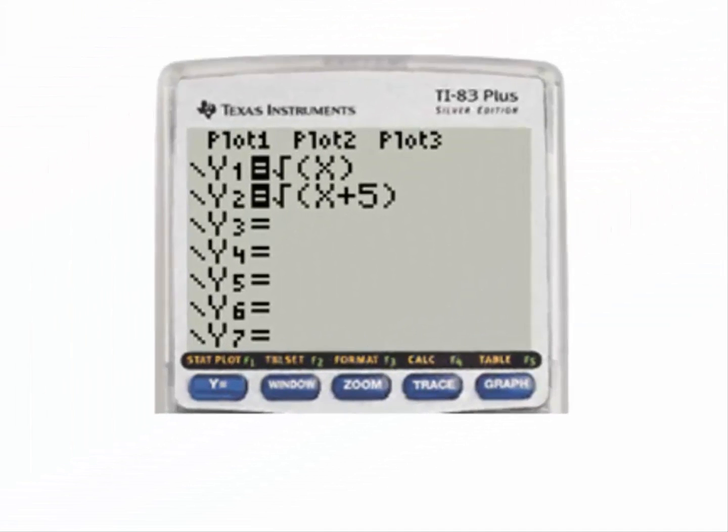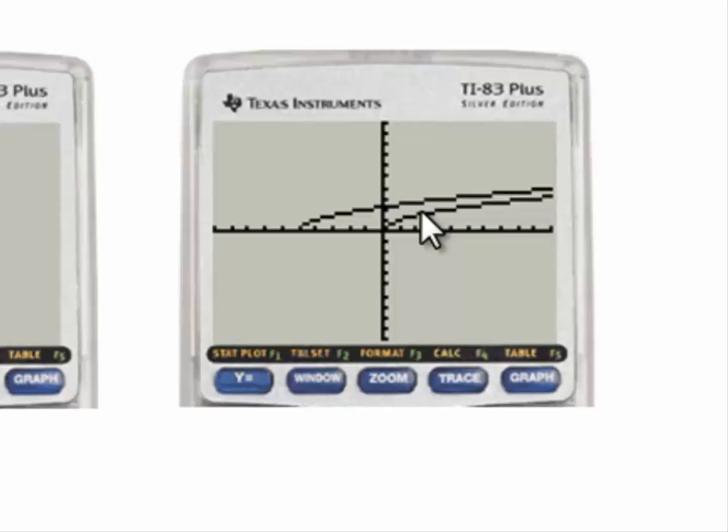Let's look at the example of the graph of the square root of the quantity x plus 5. Again, x plus 5 is all under the radical. This time, the parent function has been moved to the left 5 units.